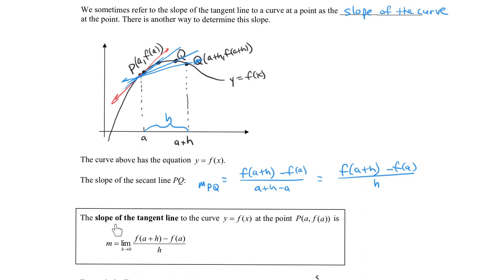And this slope of the tangent line is really just the limit of the slopes of all the secant lines, right? Here's the slopes of the secant lines. We take the limit as h gets smaller and smaller and smaller, so the limit as h approaches 0, and we get this. And this is what, in the book, they call equation 2. So in the homework, if they ever say use equation 2, they're talking about this one.